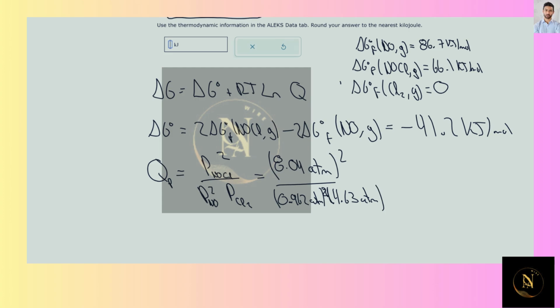Let's just clean up a little bit here because the 2 of the square doesn't look extra nice. So the value is like this, and the value for Q is 15.0868624 if you want.